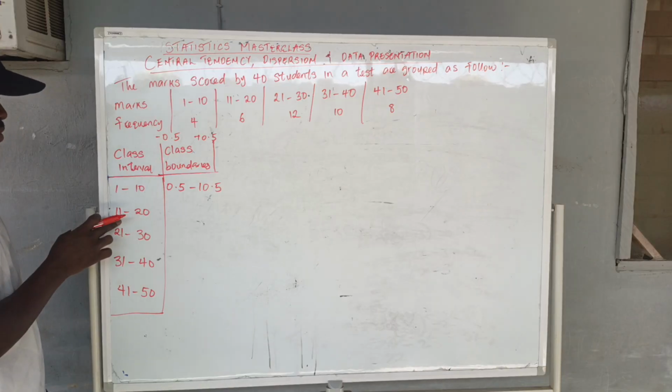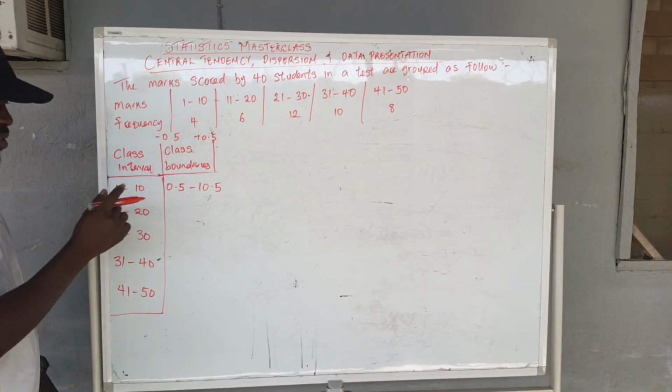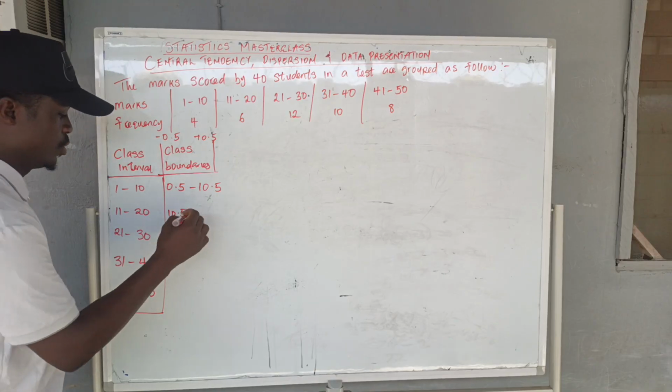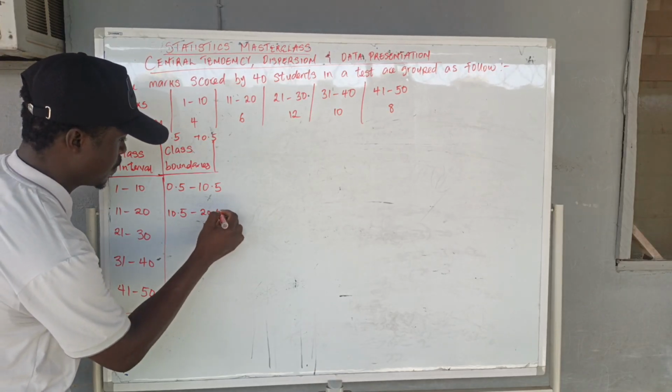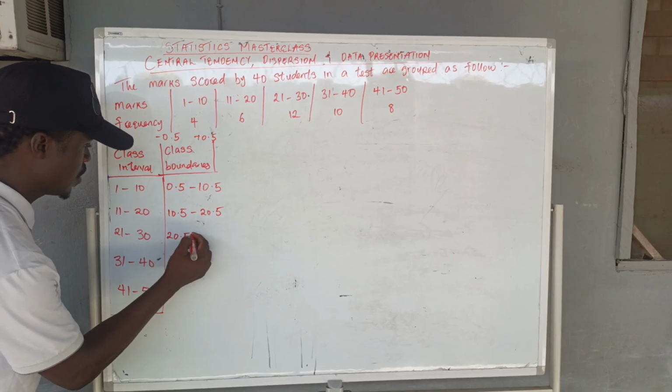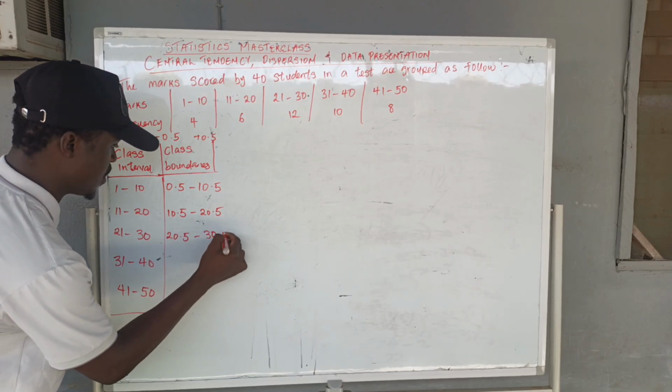So we do the same here as well. This gives us 10.5 up until 20.5. Then 20.5 up until 30.5.